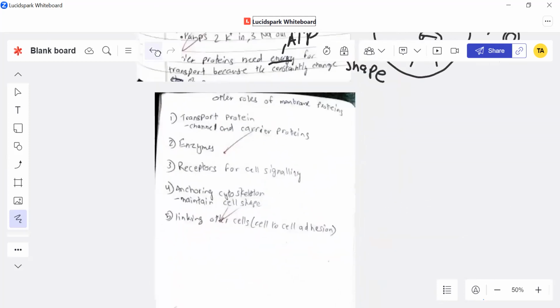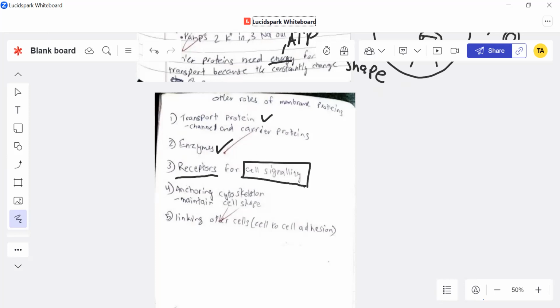Now, what are the other roles of membrane proteins? I told you earlier, they act as transport proteins. They also act as enzymes, right? And they act as receptors for cell signaling. I'll explain what receptors are when I get to cell signaling.